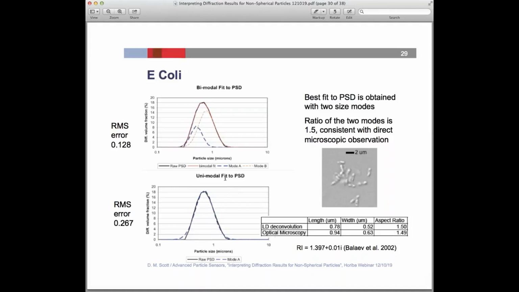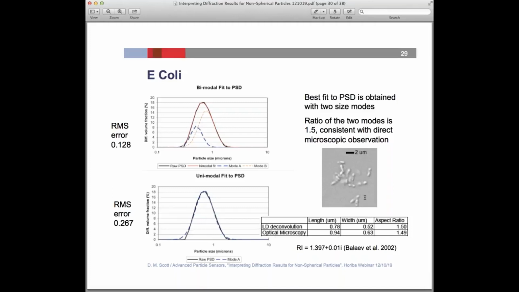Statistically, though, if you fit a bimodal fit to this data and a unimodal fit to this data, you actually get a better fit with the bimodal distribution. Of course, I just heard you say, of course you will get that. But what's interesting is that from the deconvolution, we get a length which is 0.78 microns and width of 0.52.